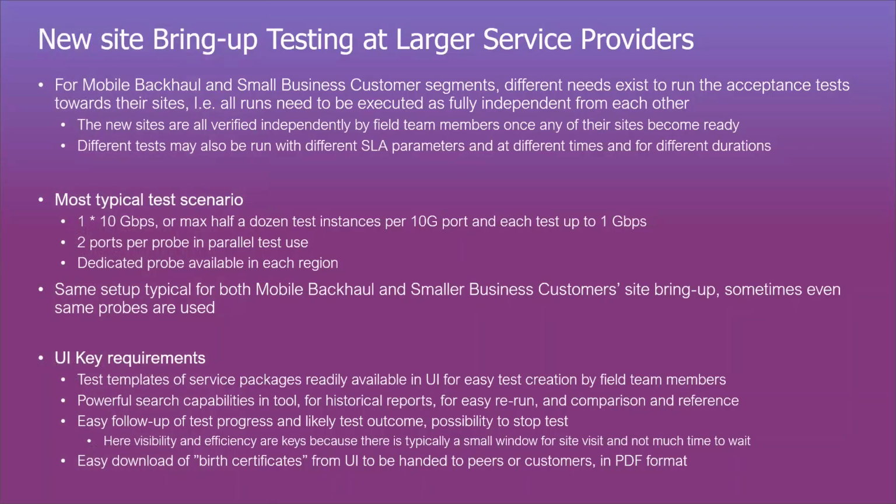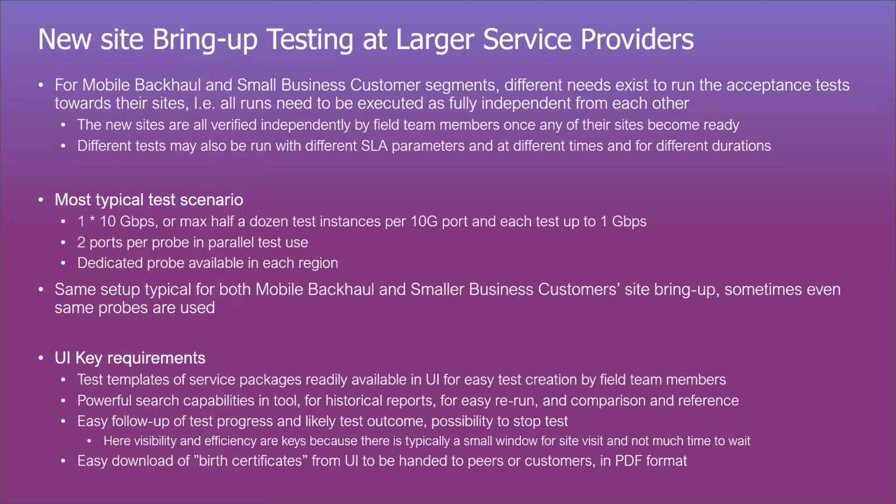As we next look at bring-up testing of new sites in mobile backhaul and small business customer segments at larger service providers, different needs arise to run the acceptance tests towards their sites. In other words, testing for each site needs to be executed as a fully independent test instance from any other, and the completed sites are all verified independently by field team peers as soon as any of the sites becomes ready.